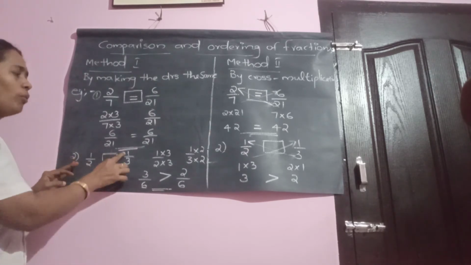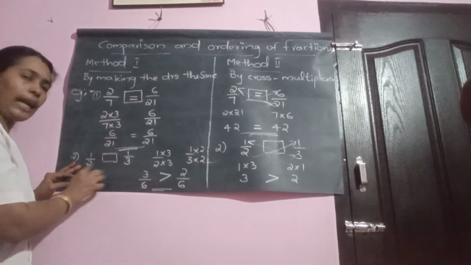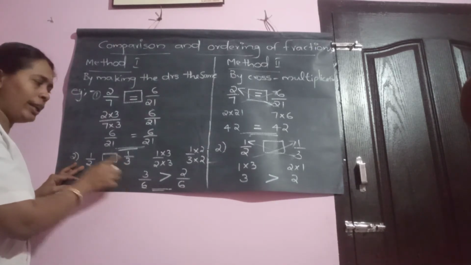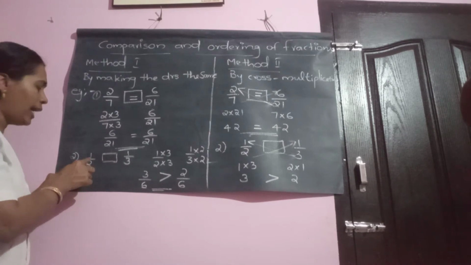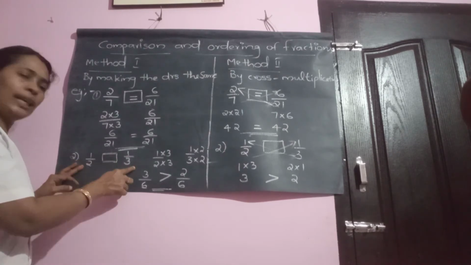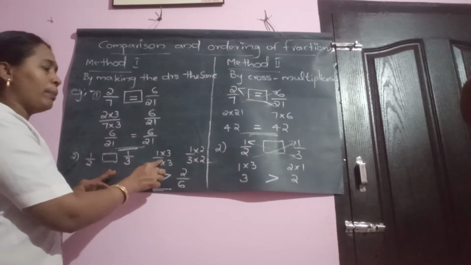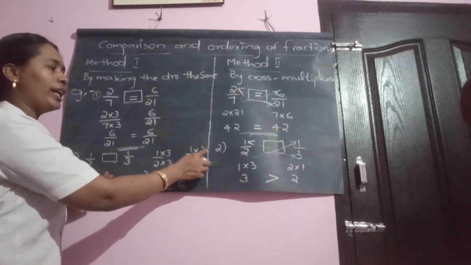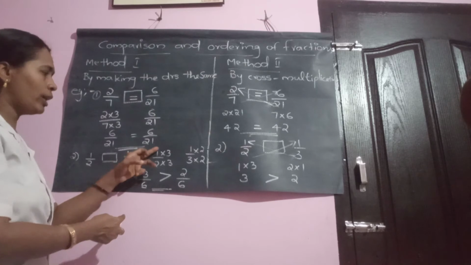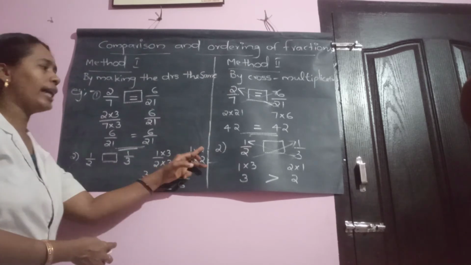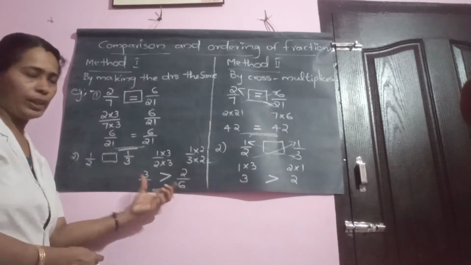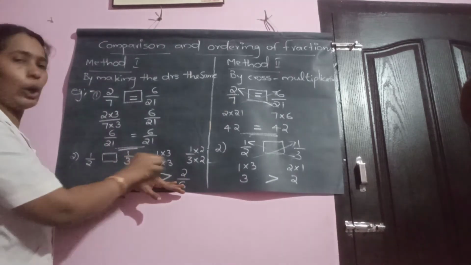Then one more question of the same type: 1 by 2, 1 by 3. They are not connected. So what do you have to give? Give this 3 for the first fraction and give 2 for the second. When you are giving, it means multiply: 1 into 3 by 2 into 3, and on the right side 1 into 2 by 3 into 2. So here we have 3 by 6 and here we have 2 by 6. Now the denominator is the same, so you look at the numerators only.